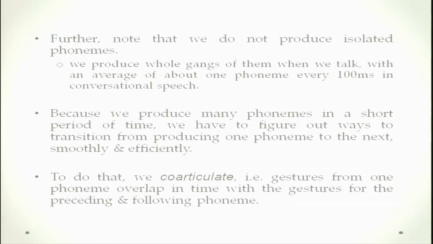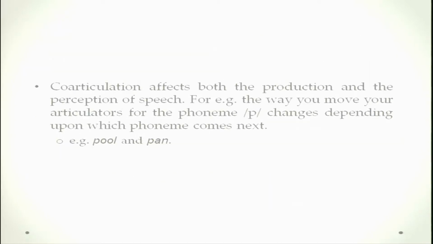What is co-articulation? Co-articulation is when gestures for one phoneme overlap in time with gestures for the next phoneme. Suppose, for example, the word is pool. When you say pool, you make a completely different sound than when you say pan. The phoneme p is exactly the same, but the gestural movement is very different.